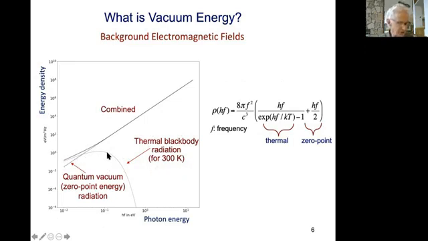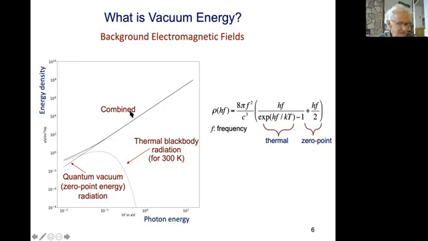And at room temperature, the background radiation peaks roughly here. So this goes from the far infrared to the near infrared, visible light, and then ultraviolet light. And so we can see that the radiation from the temperature around us, the temperature of the Earth and everything we see, is dominantly in the infrared. And that's why we don't really see it.